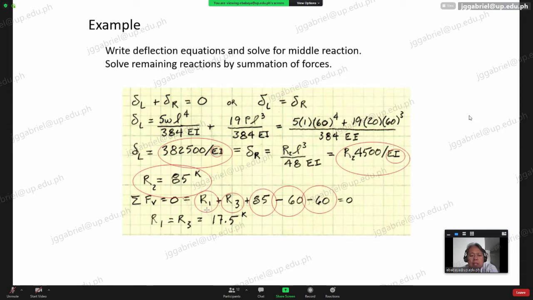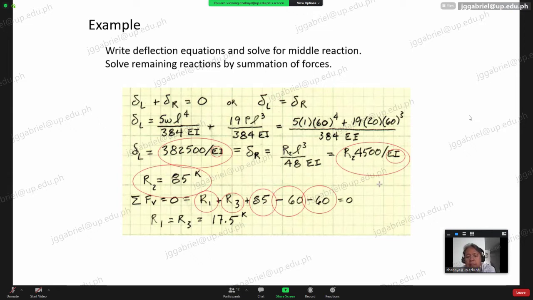Now, R1 and R3 are just equal, no? Because eventually you'll get here 85 minus 120. That's how much? 35. This is minus 35. So transpose that to the right.